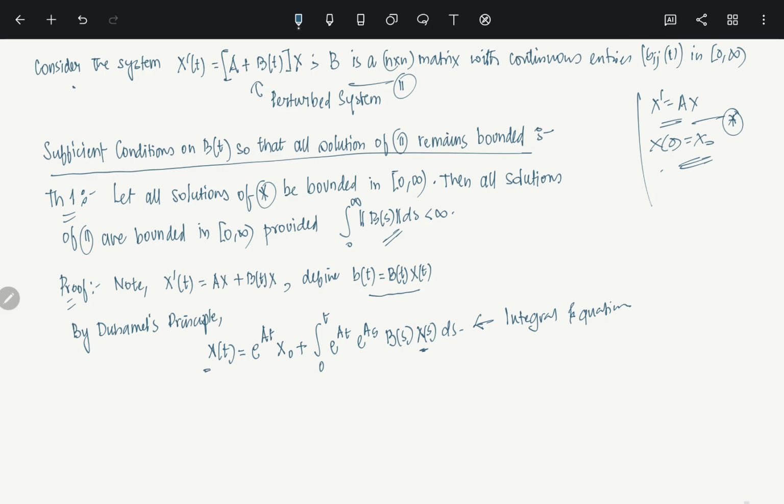Now what we need to do is this. What is this solution? This is any given solution of the system, right? This is the general solution of the perturbed system 2. Let's call that x_g(t).